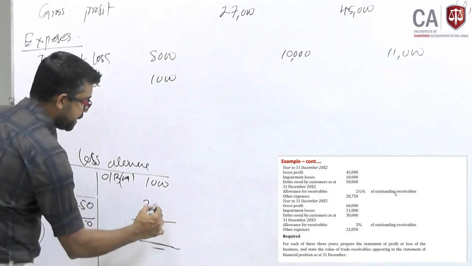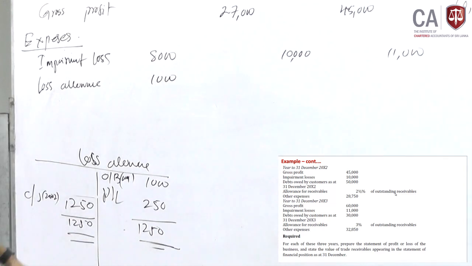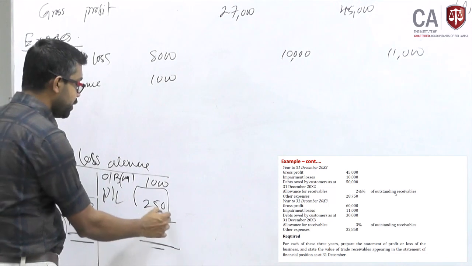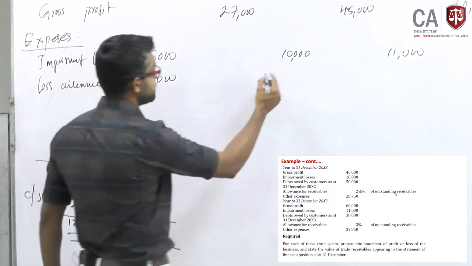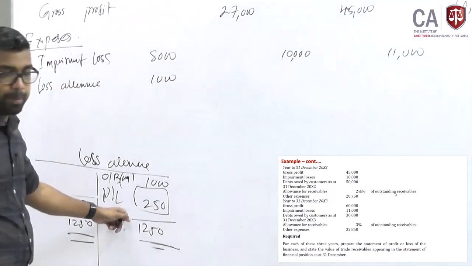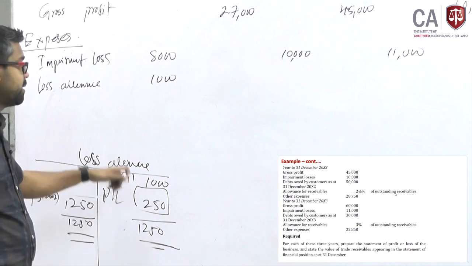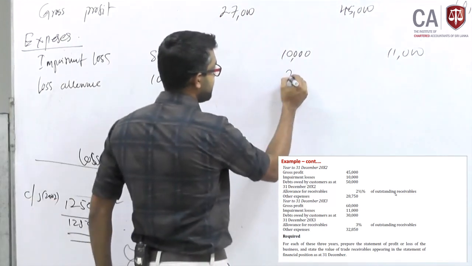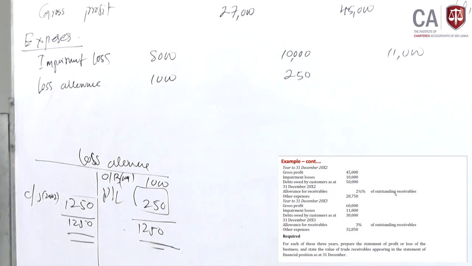So only the balance increase or decrease will be charged to P&L, right? So this will be represented in the balance sheet. So second year, how much do you charge to P&L? 250. P&L debit, right? Here credit, P&L debit, 250 for the second year.